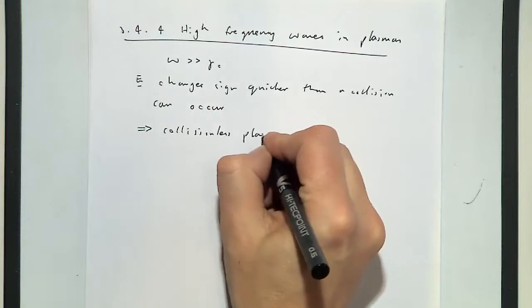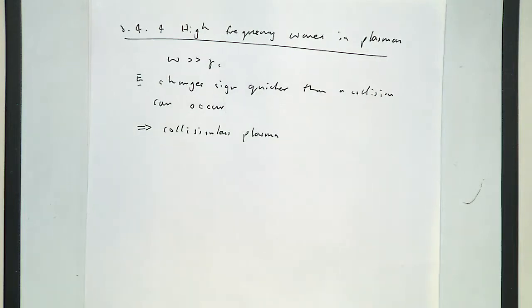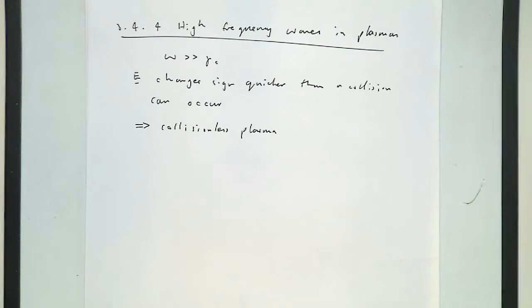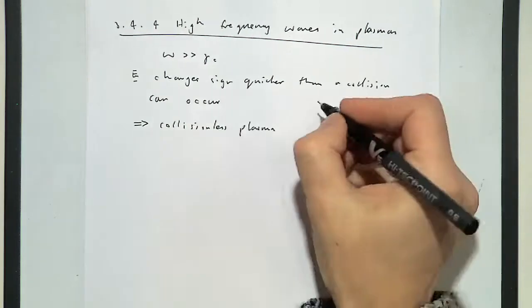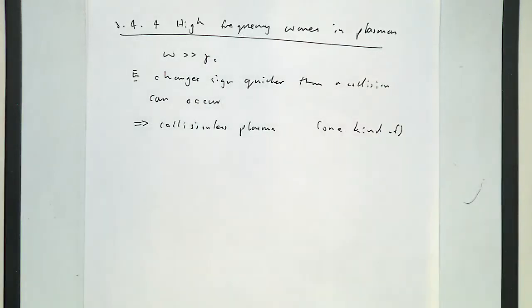In other words, the electric field is causing each electron to move with respect to its stationary ion partner, but the electrons never move fast enough that they're going to hit anything. Now there are other kinds of collisionless plasmas, so I'm just noting that this is one kind of that.